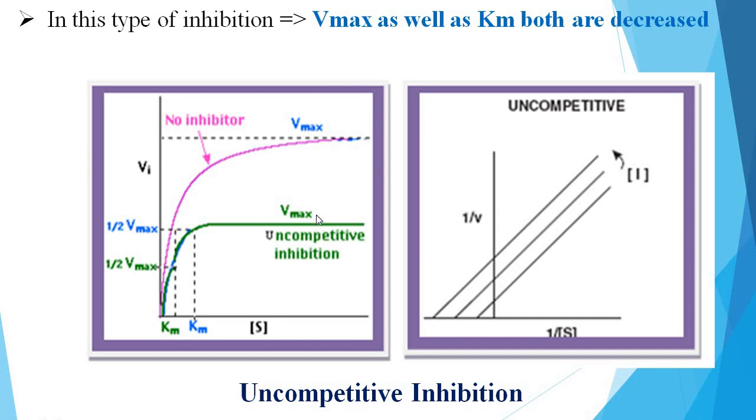Here you are observing that there is a lot of distance between the V maximum with no inhibitor and the V maximum with the inhibitor. So, there is a decrease in the V maximum and a decrease of the Km value also in the uncompetitive inhibition, in the Lineweaver-Burk plot also, and in this substrate and velocity curve also.